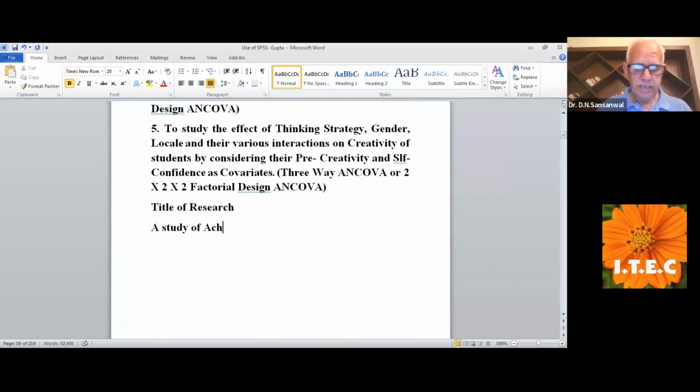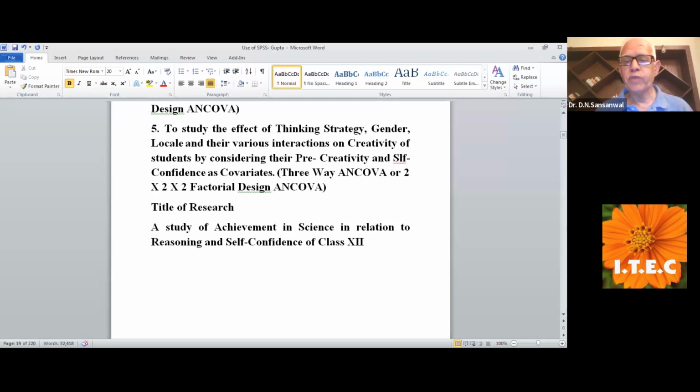A study of achievement in science in relation to reasoning and self-confidence of class 12 students or class 10 students or ninth student, let us say, of government senior secondary school.